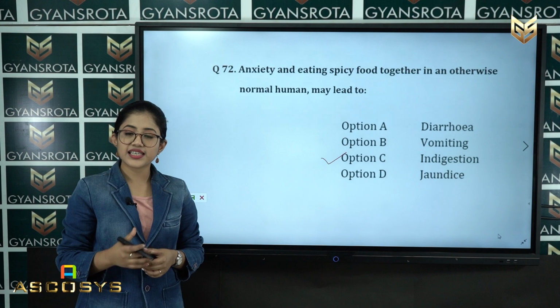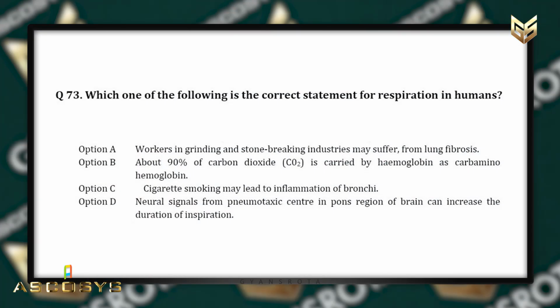Now, let us see the next question, that is question number 73. In this question number 73, you can see which one of the following is the correct statement for respiration in humans. Option number A, workers in grinding and stone breaking industry may suffer from lung fibrosis.